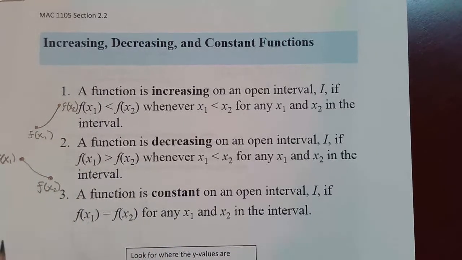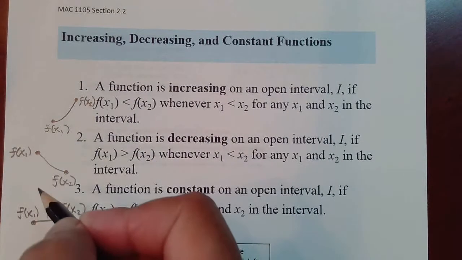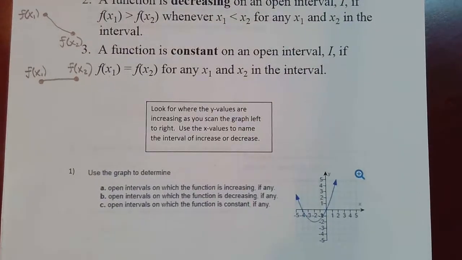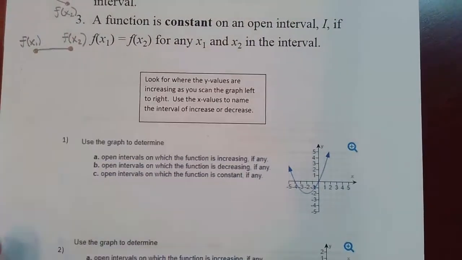And then when you are looking at a graph and you're standing on a particular x value, which will have a y partner, and then all of a sudden you move to another x value who also has a y partner, and it would look like that. So these are pictures of increasing, decreasing, and constant. So you're going to be looking at that as you go over these diagrams.